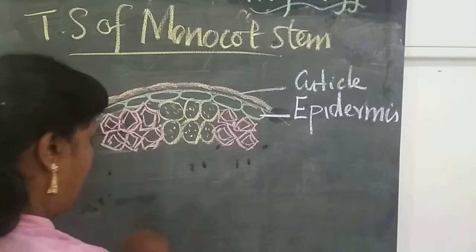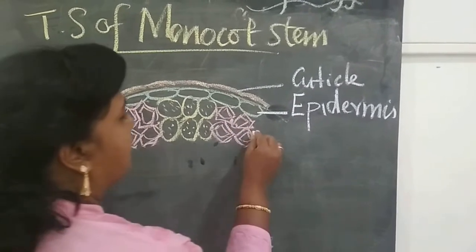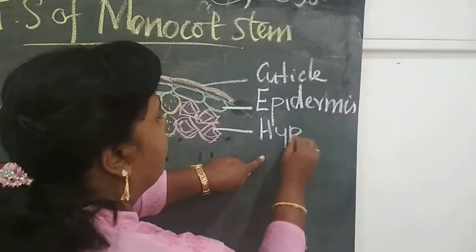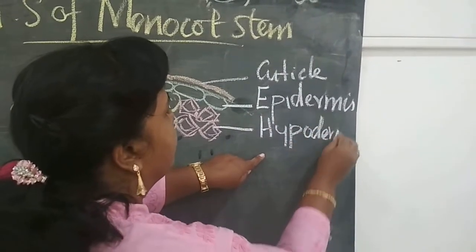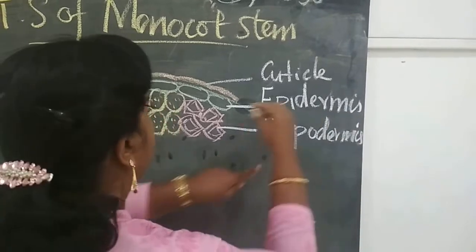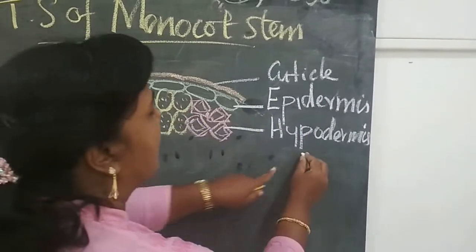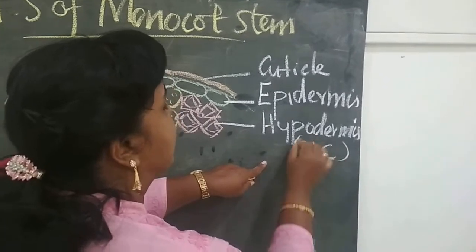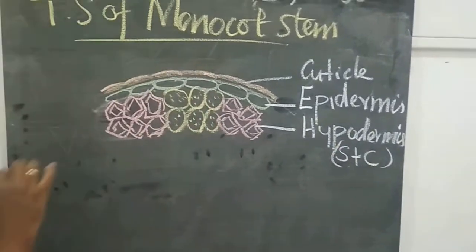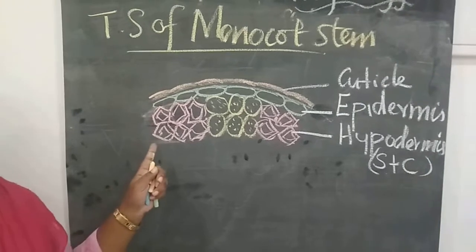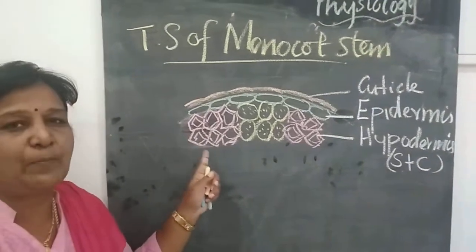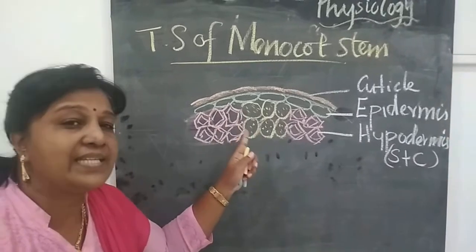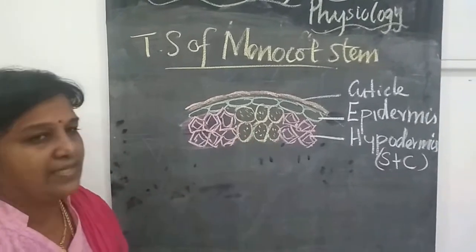So this is the hypodermis. We know that the sclerenchyma cell is a dead cell and gives mechanical support to the plant body, and the chlorenchyma cell is involved in photosynthesis.